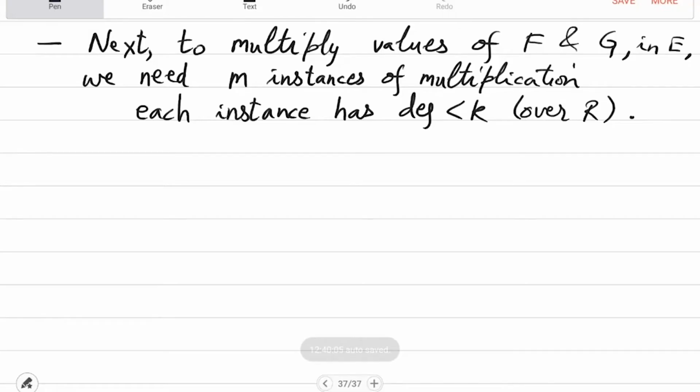So what will you do here? This is univariate multiplication. So you use your first theorem. You use that algorithm you developed again and again, m times. So let's do that.